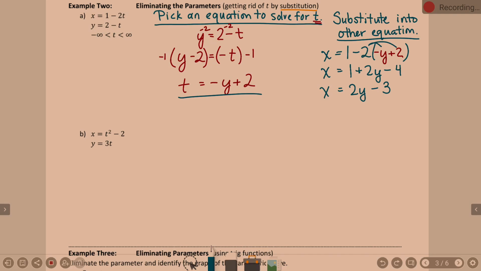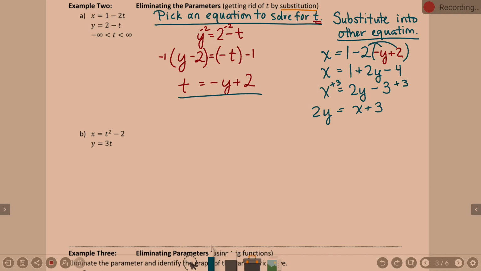Thoughts on what we're seeing here? Okay, can we solve for y? So if we solve for y, what are we going to do? Add 3. Can I flip my sides here too? I'm going to say 2y equals x plus 3. And then what?